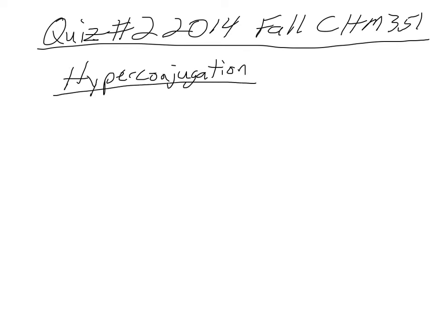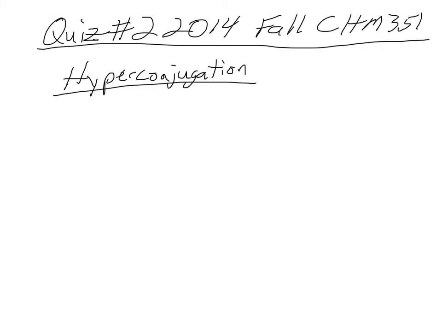All right. Person had a question about hyperconjugation. What was that all about? What was the point of hyperconjugation? Who remembers? Wasn't it about stabilizing the p orbital with a sigma bond, like the hydrogen?